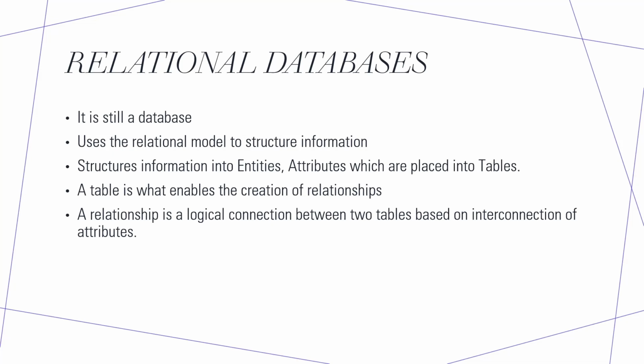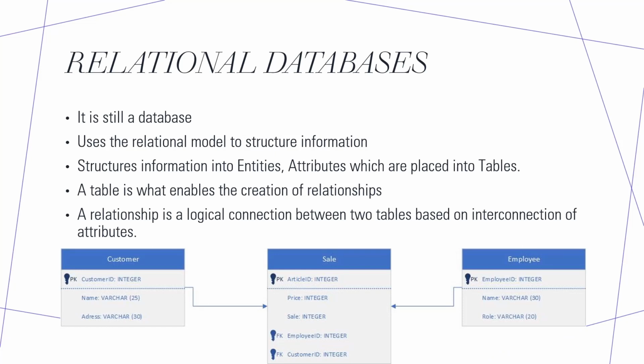And all of these things are placed within a table, or as we're going to call it, a relation. And this relation allows for a relationship to be established. Now, a relationship is a logical connection between two tables where we say that table 1 has something that it takes from table 2, which is unique in table 2.